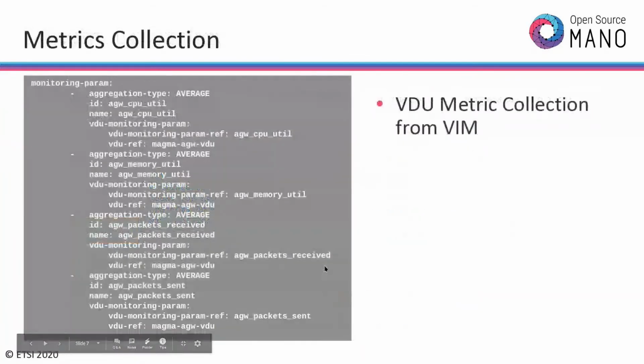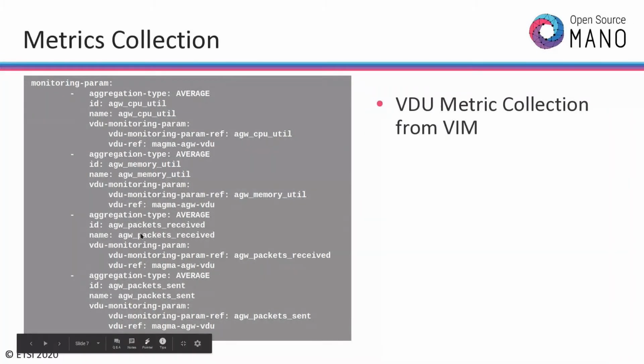So here is an example descriptor where you can see some metrics that you can get from the VNF, and this works with the VNF you already deployed in the previous session with Jan-Pieter. Here you can see that, for example, we can get the CPU, the memory, the packets received, the packets sent.